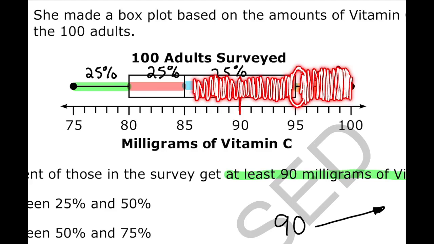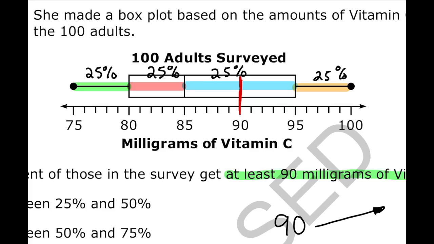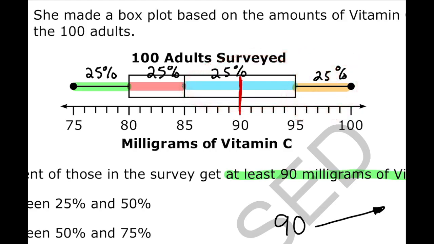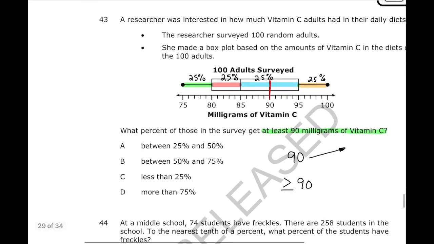Now, if I go all the way here, this would be the 50% mark because that's your median. But it stops right here. So it's hard to say exactly what the exact percentage is, but I do know that it exists between 25 and a total of 50%. So that would be answer choice A, between 25 and 50%.